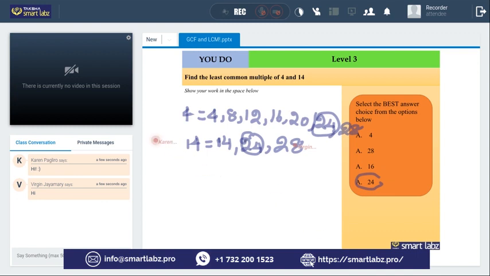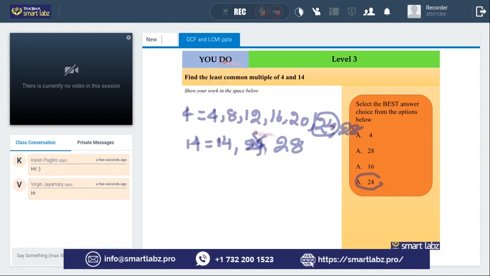I was about to get a brush and do red. Let me erase that. Sorry, I erased it. That's the 28, and this is not 24.